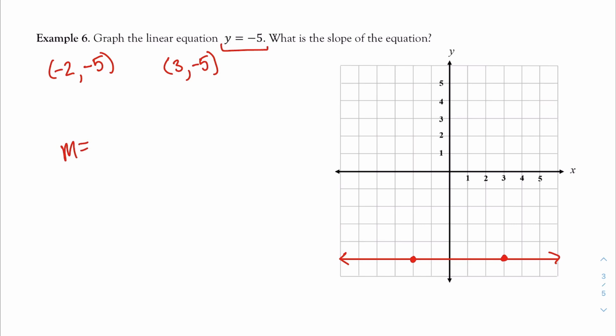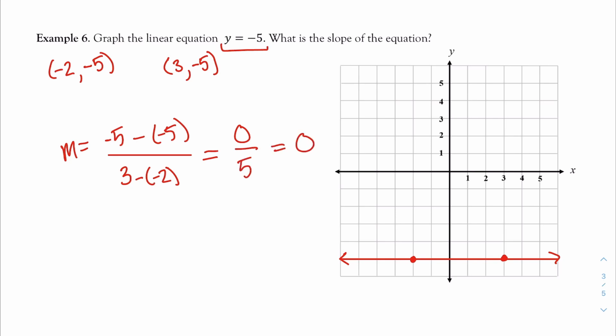And I can actually verify this if I just use my slope formula. So let's say I didn't make that conclusion immediately, just from my drawing. If I did my y2 minus y1, I would get negative 5 minus negative 5, all over 3 minus negative 2. You can see very quickly that we do also get 0 over 5, or just 0.